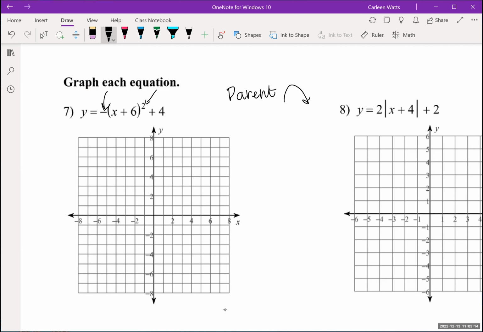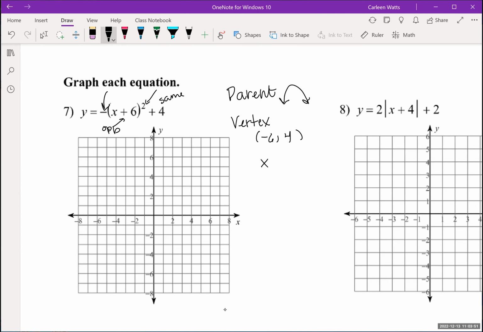Sad U. Yeah, sad U. Next, what is the vertex? Okay, correct. -6, right? Opposite. +4. Opposite, same.